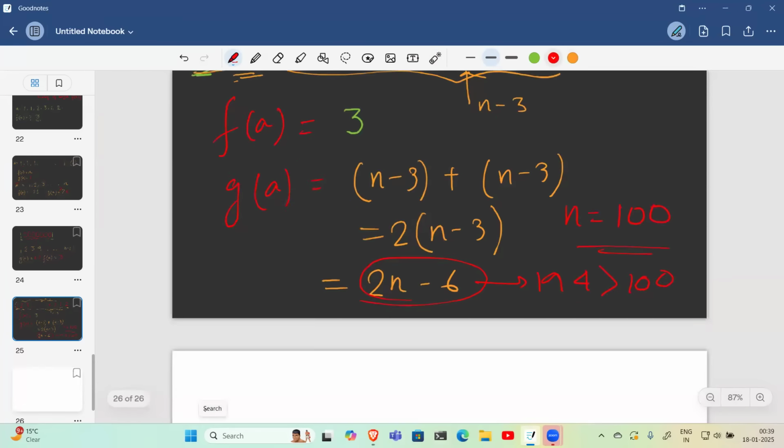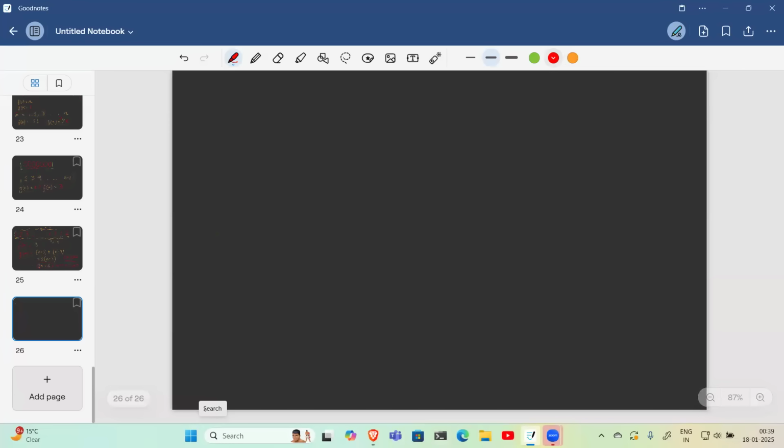What I have done, and all these solutions pretty much have the same idea, is I have written 1, 2, 3, till say n by 2. And again I have repeated the same thing: 1, 2, again it goes till n by 2.